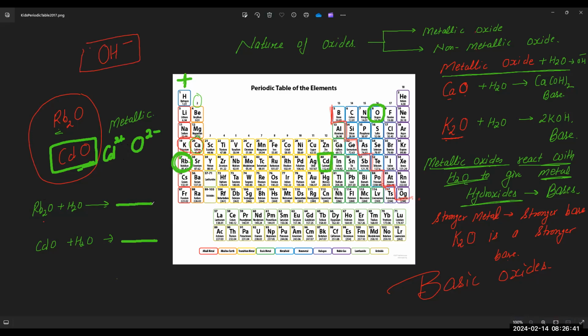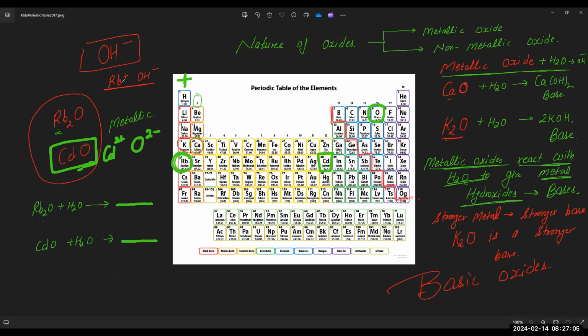Can you complete this equation? Combine this OH minus with rubidium. No, no, no, Azuni. What's the charge on rubidium, Azuni? 1 plus. What's the charge on OH minus? OH 1 minus. What's the formula?